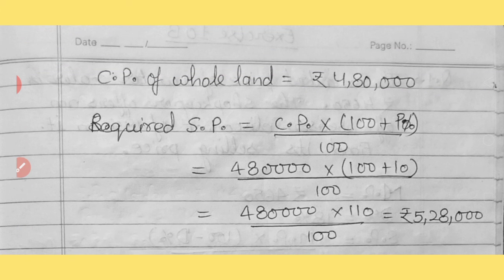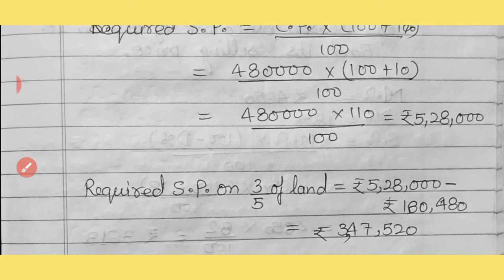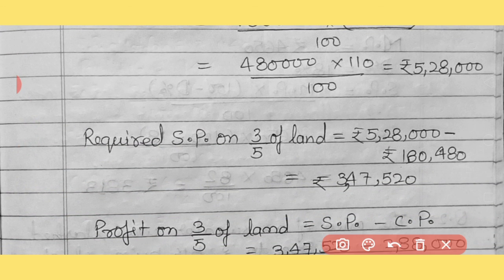The CP of the whole land was 4,80,000, and the required SP is CP multiplied by (100 plus profit percentage) divided by 100. So 4,80,000 multiplied by 110 divided by 100 is equal to 5,28,000. It means he needs a total of 5,28,000.